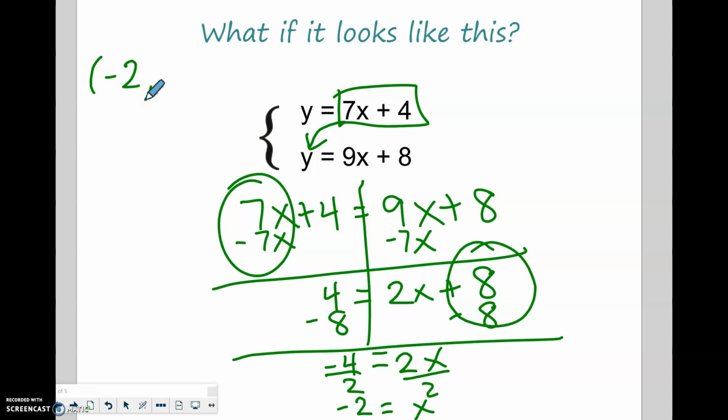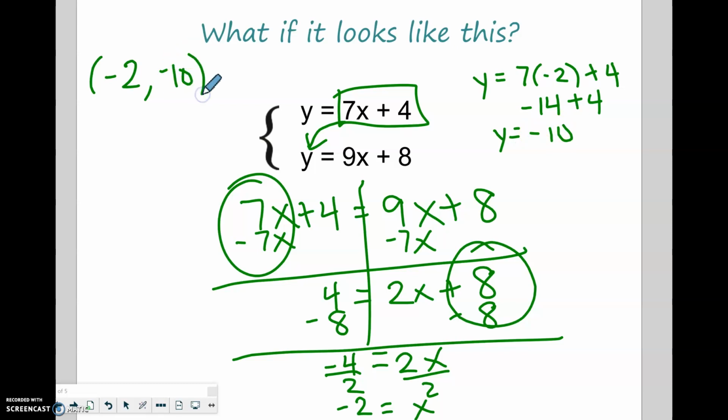And then I can plug it into either equation. Let's just say I choose the top one. So y equals 7 times x, and we know x is negative 2, plus 4. So negative 14 plus 4. So y is equal to negative 10. So the point where these two lines would intersect would be at negative 2 and negative 10.